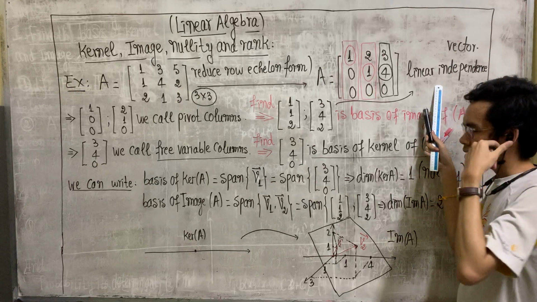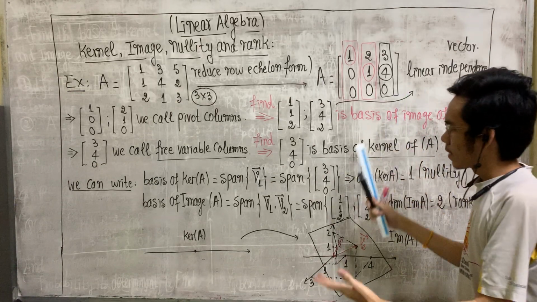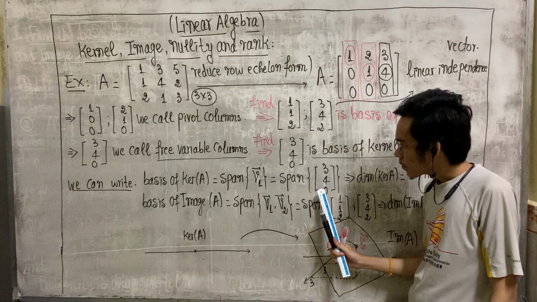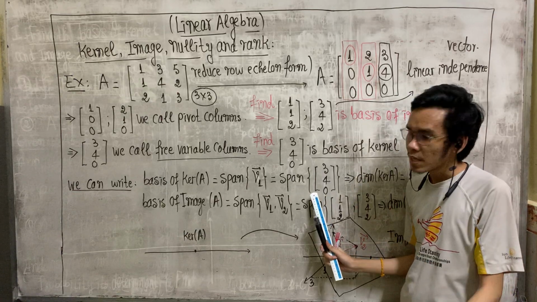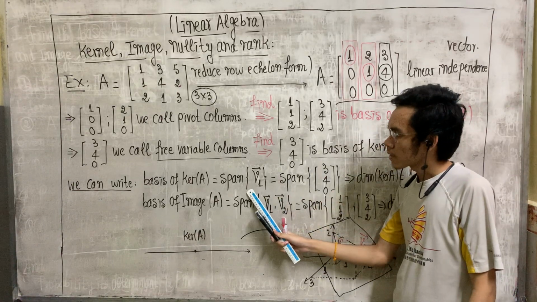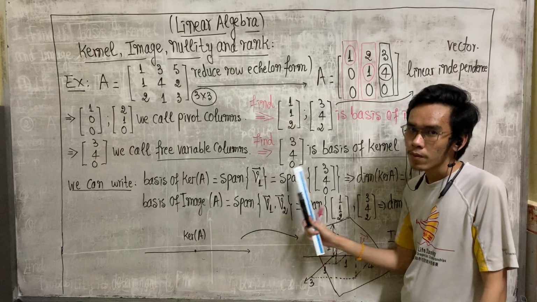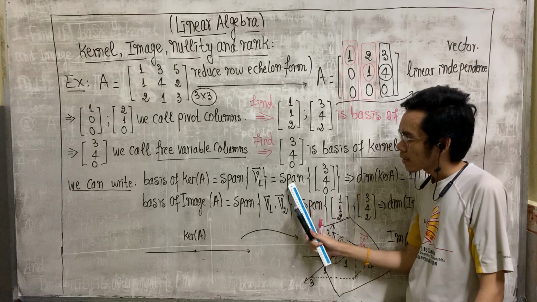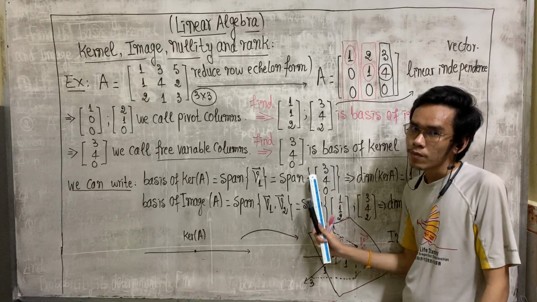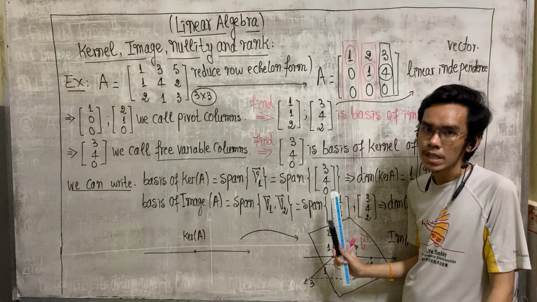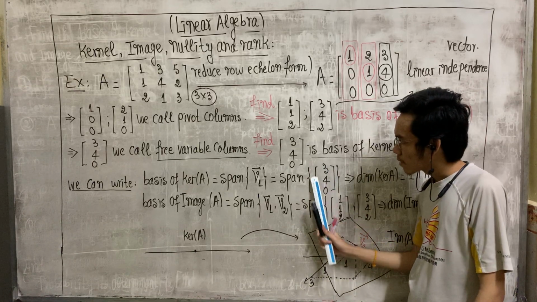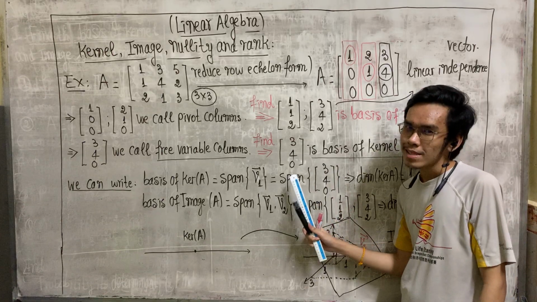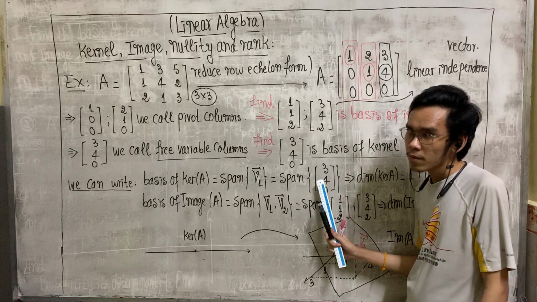If it is a linear independent vector, we can write it as a linear combination. So the span of the vector means that you can write the vector v1 as a linear combination, and then you can write it as a span of the vector v1.